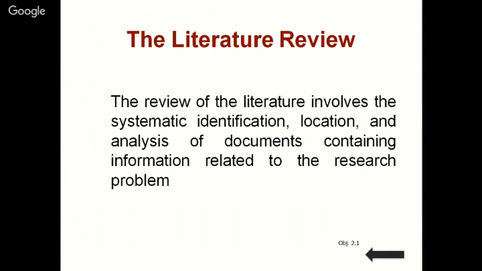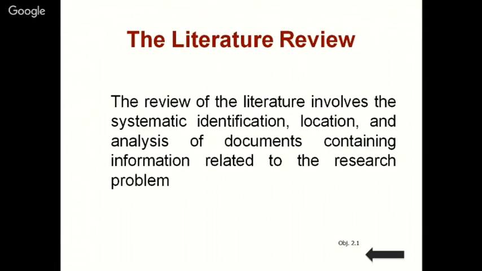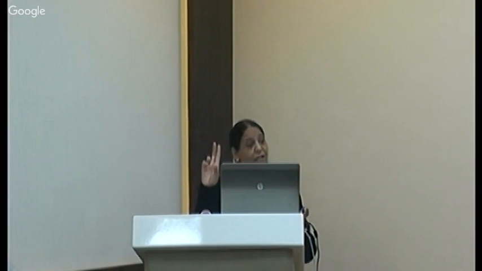Then analysis of documents containing information related to the research problem. So in simple words, it is identification. It is critical evaluation of those pieces of research, and then it is systematic reproduction of the research which has already been carried out.